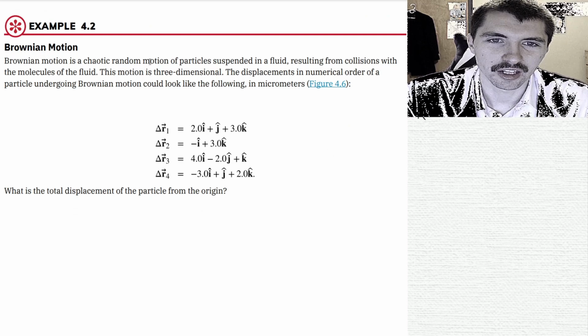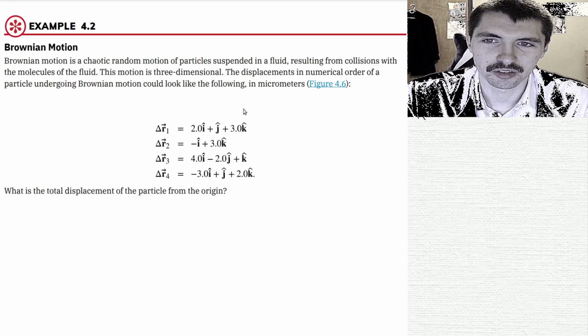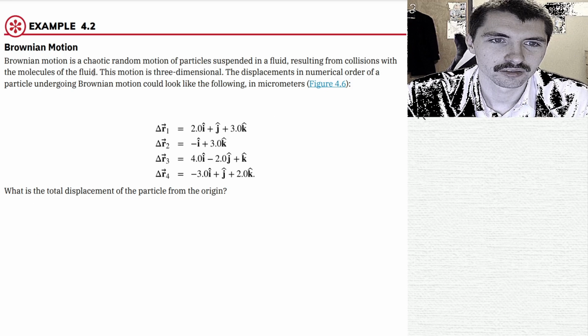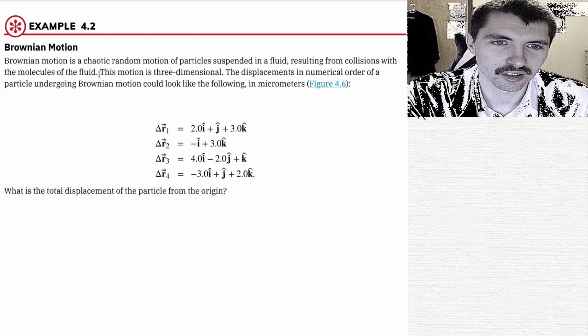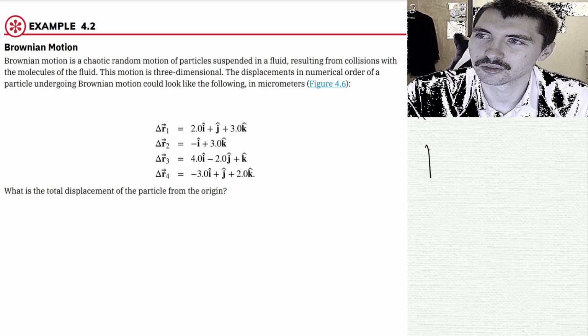So Brownian motion is a chaotic motion of particles randomly suspended in a fluid. So basically thermodynamics. So three-dimensional.